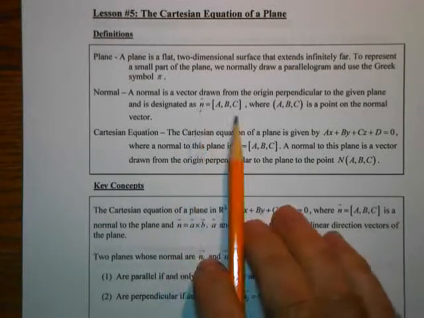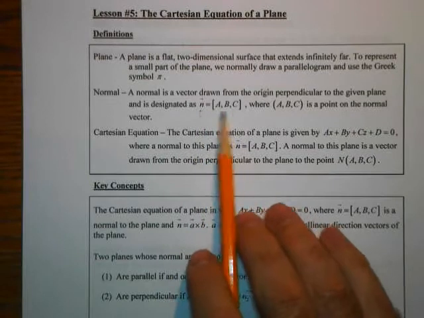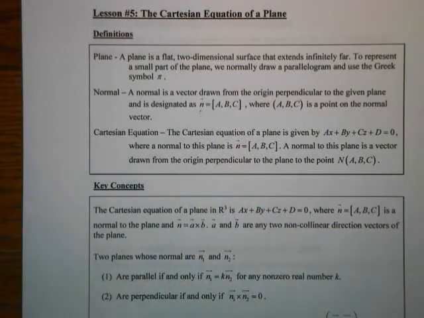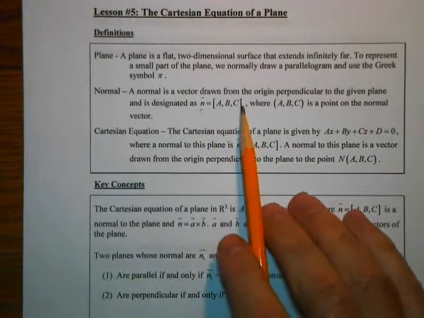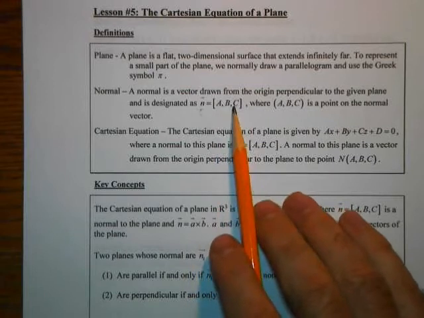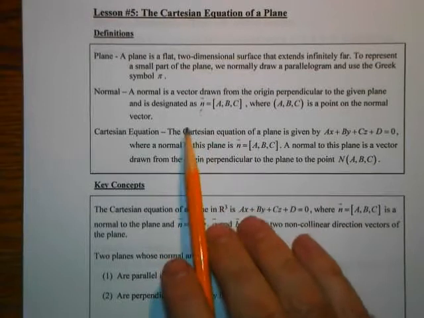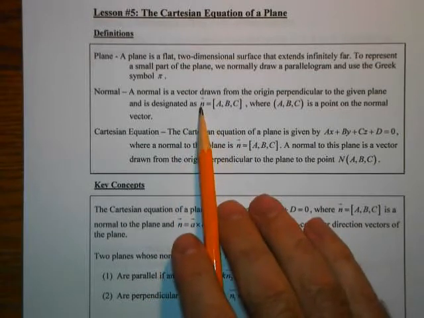So we have a normal for planes as well, but now we have 3 components because it's in R3. We have added the third component for the z direction, and it's going to be called C. So capital A, capital B, capital C are the parameters for the normal.